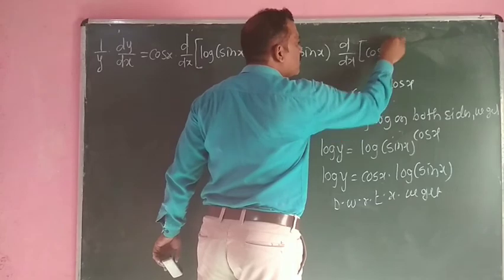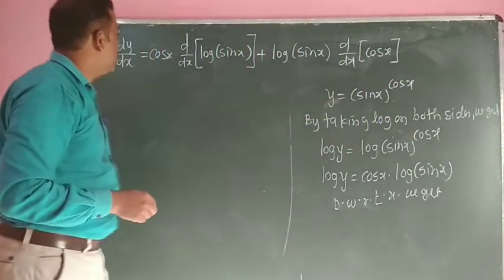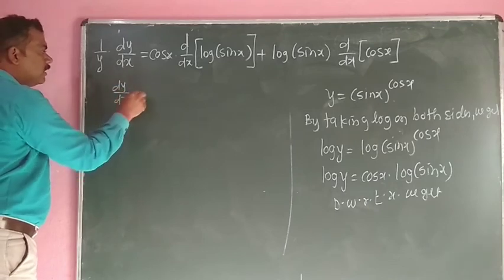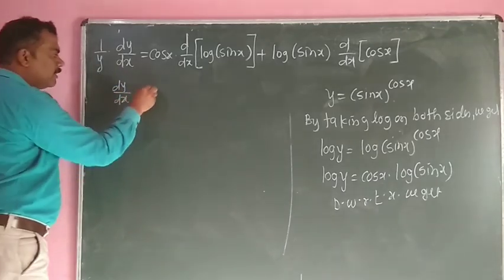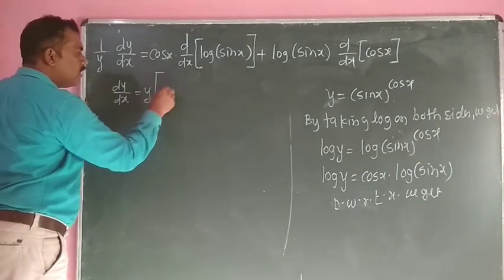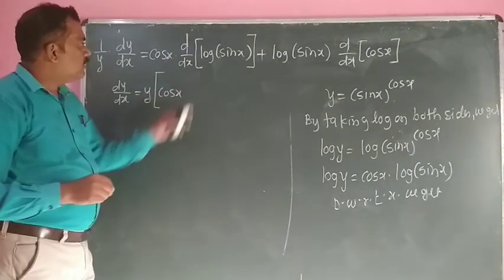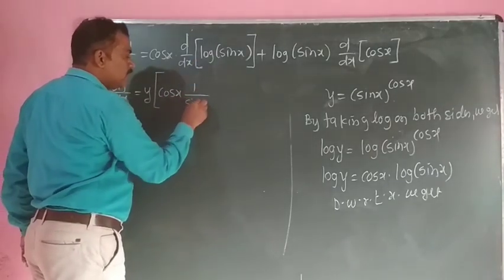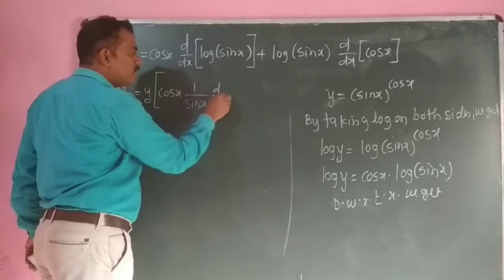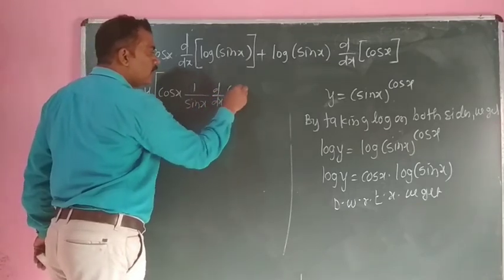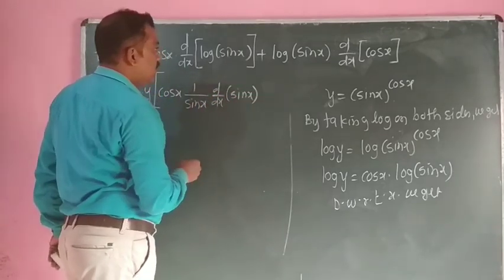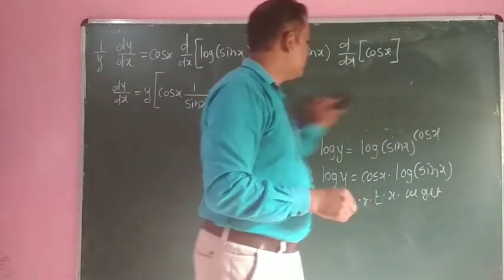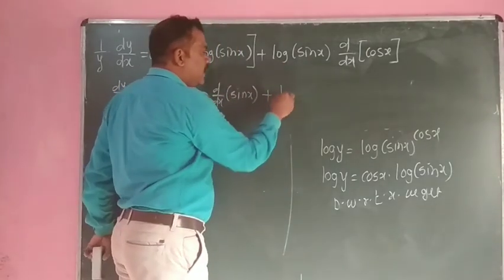Okay, now what we have to get, dy by dx is equal to, here y is divided, on this side it is multiplied, that is y into bracket cos x as it is. Now differentiation of log is nothing but 1 upon sin x into d dx of sin x, plus log of sin x as it is.